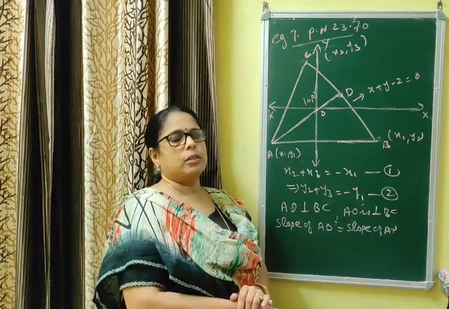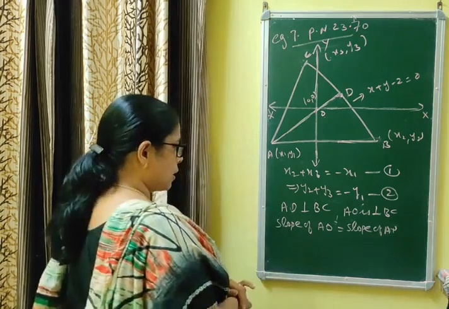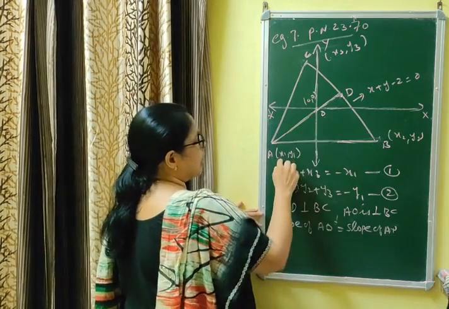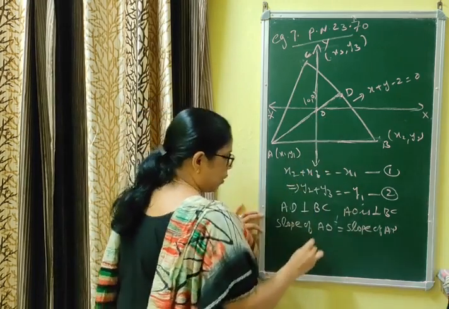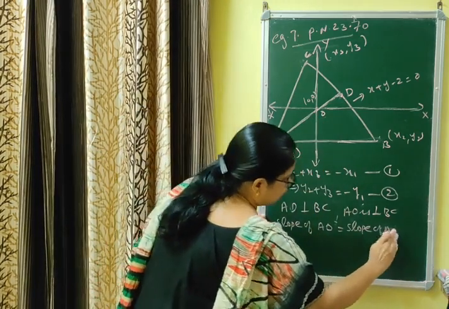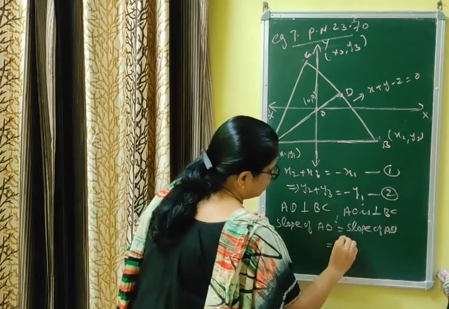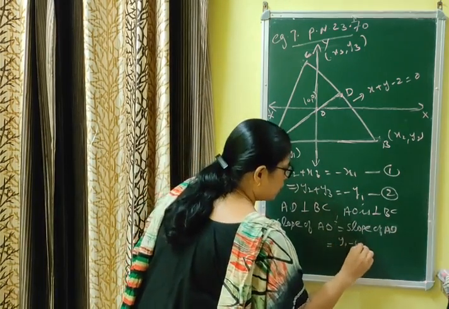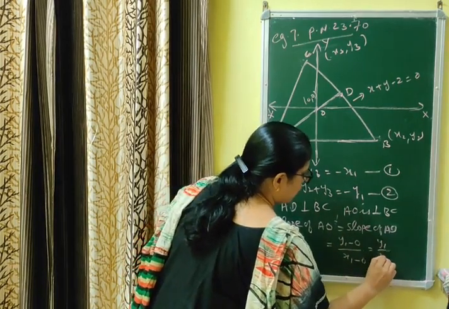We can find the slope using the formula (y2 minus y1) upon (x2 minus x1). Here A is (x1, y1) and O is (0, 0). So the slope of AO is equal to the slope of AD, which is (y1 minus 0) upon (x1 minus 0), that is y1 by x1.